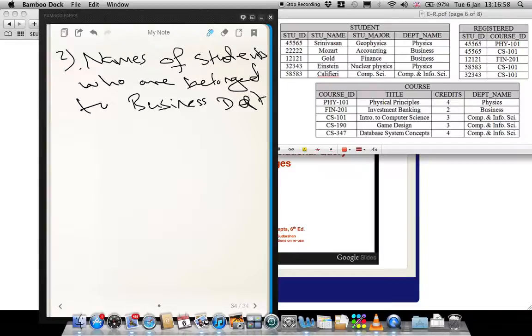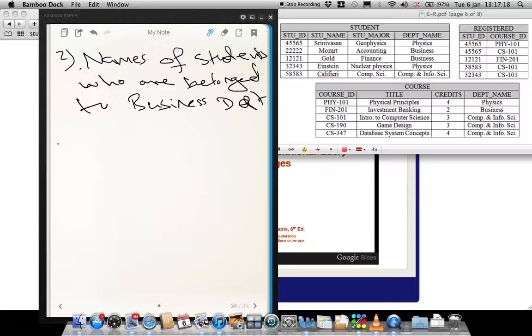Again, we're looking at the student names. All this work will be inside the student table, so we do not need to refer to other tables.